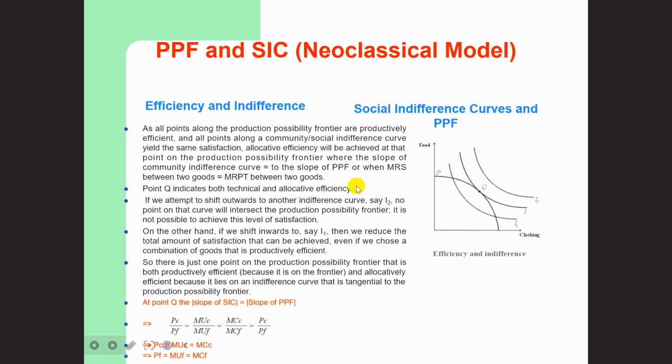Now, if you look at point Q, the slope of the social indifference curve denoted by I is equal to the slope of the production possibility frontier.